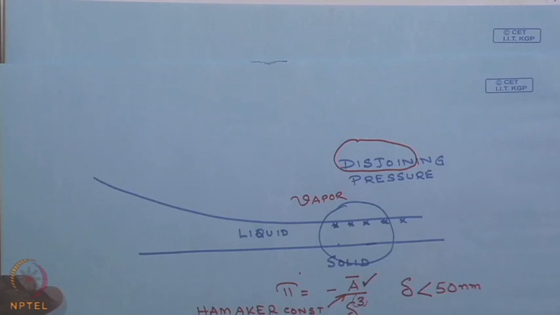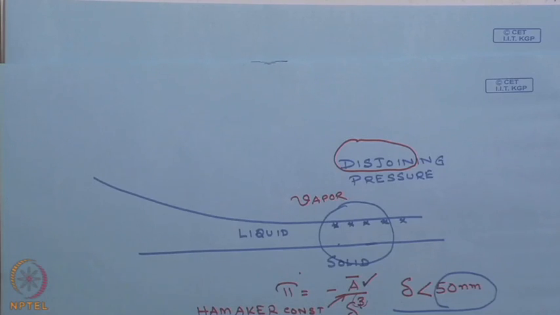Now, this classification, that it changes from delta to the power -3 to delta to the power -4, is slightly arbitrary, but it has been shown experimentally that the measured values of disjoining pressure change from the delta to the power -3 dependence to the -4 dependence around the value of 50 nanometers.